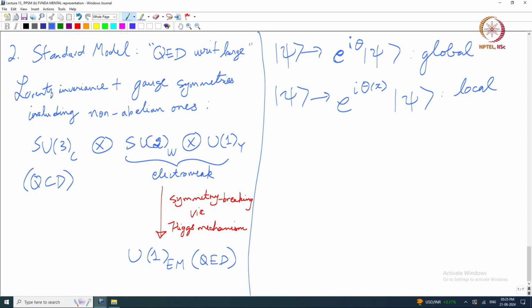These local transformations would now constitute a gauge. This is what we mean by a gauge symmetry. So, people use local and gauge interchangeably, all right. So, that is what I am going to do too.